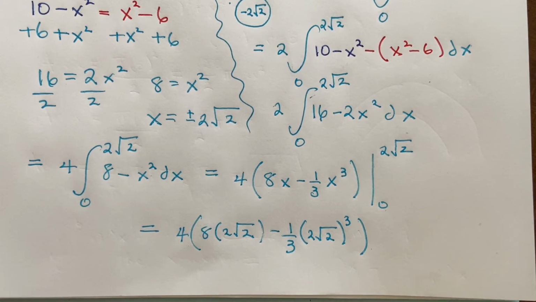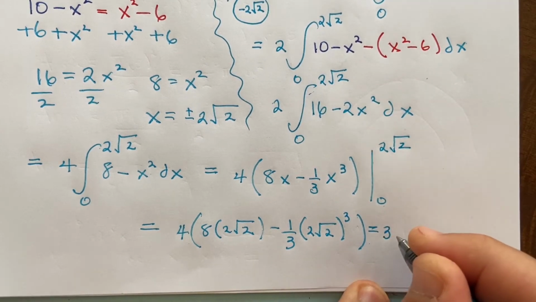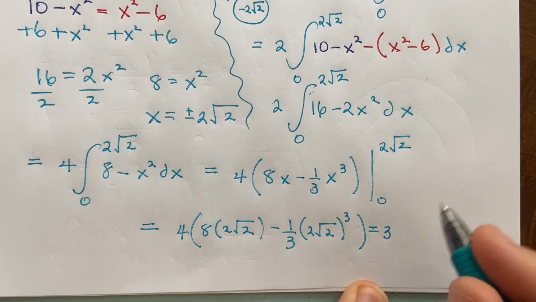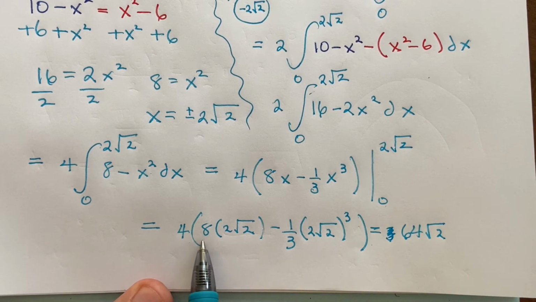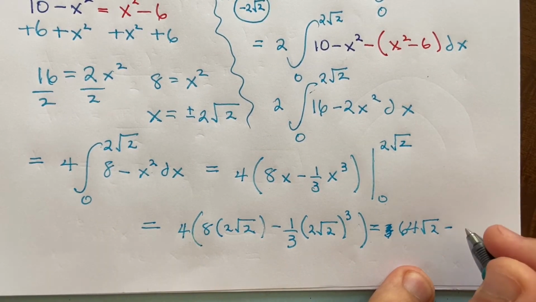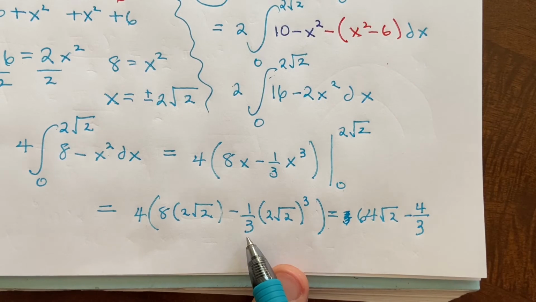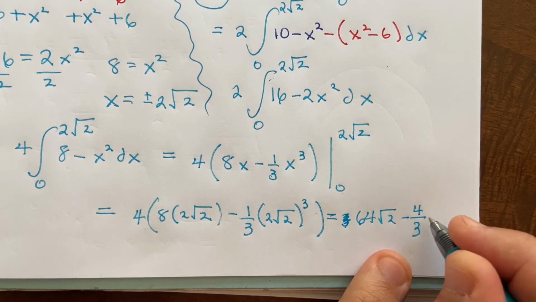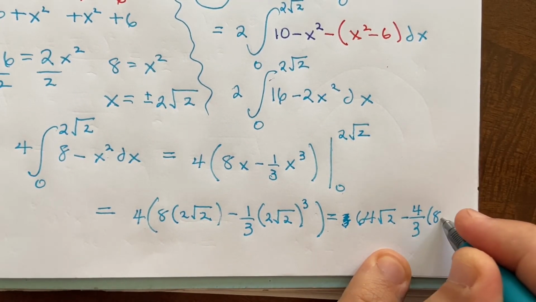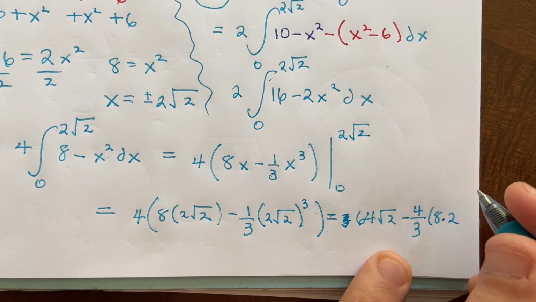All right. So simplifying that, so I can write 32 times 2, so I'll write 64 root 2 for this combination, and then I'll have minus 4/3, right, the 4 times the 1/3, and then 8, so times 8 times, I guess this would be 2 to the 3/2.